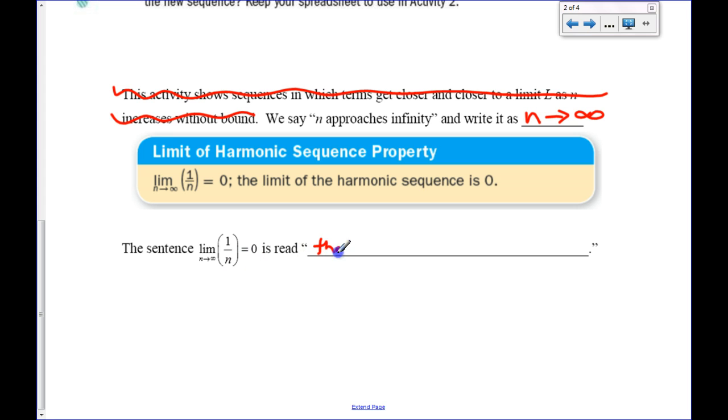The limit of 1 over n, the harmonic sequence, as n approaches infinity, is 0.